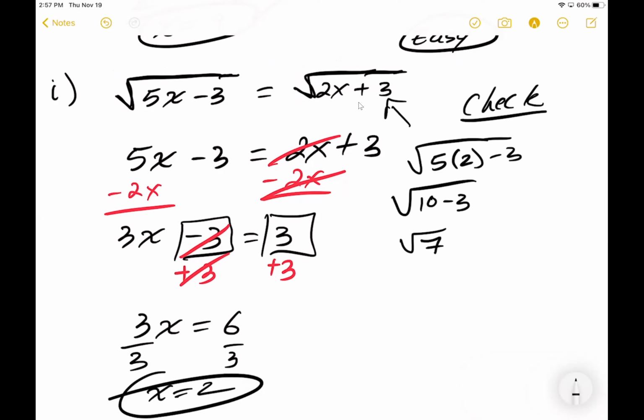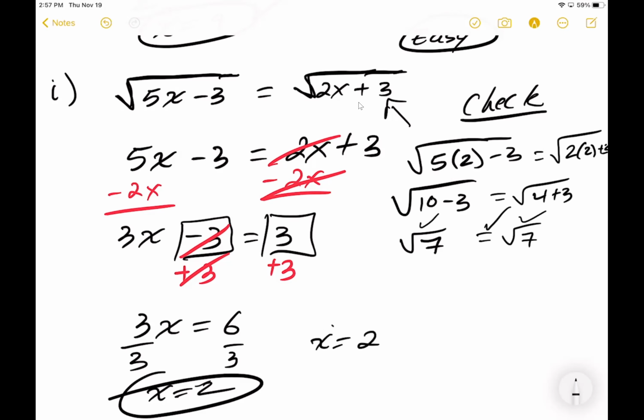And if we plug into the other item, it is 2 times 2 plus 3. Do you agree that 2 times 2 is 4, and 4 plus 3 is 7? Well, the square root of 7 and the square root of 7 equal each other. So we know that our answer x is equal to 2.